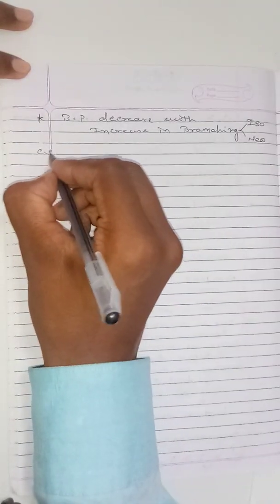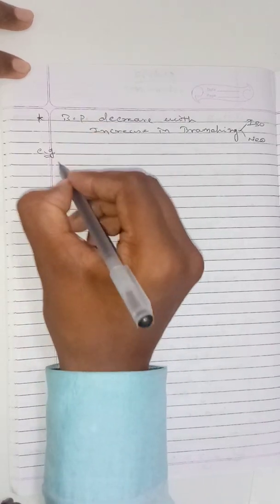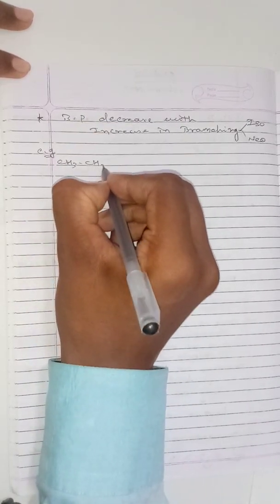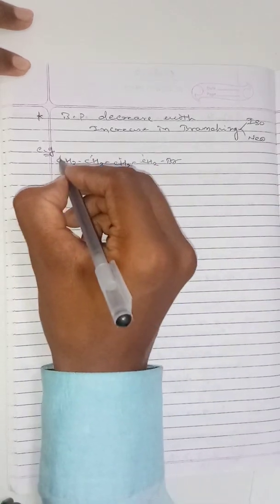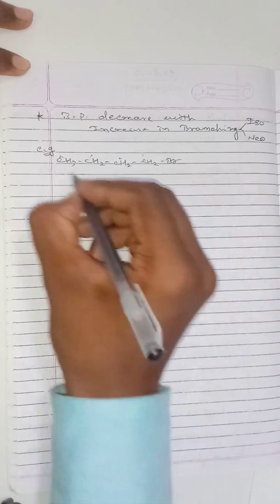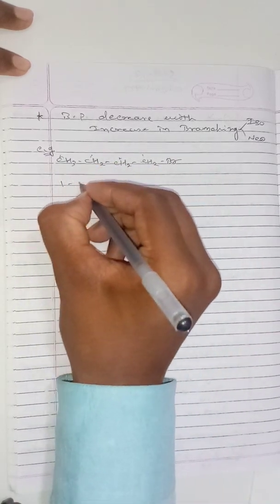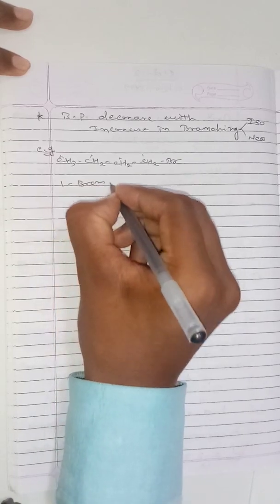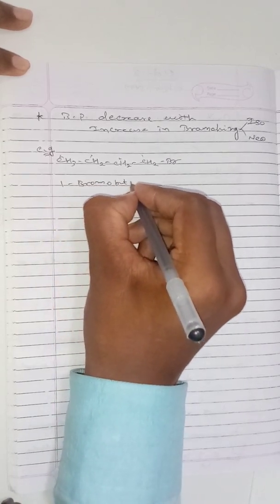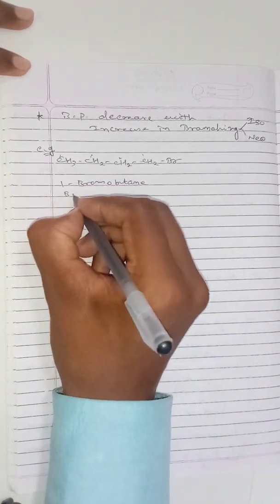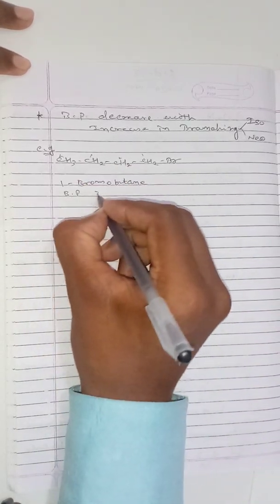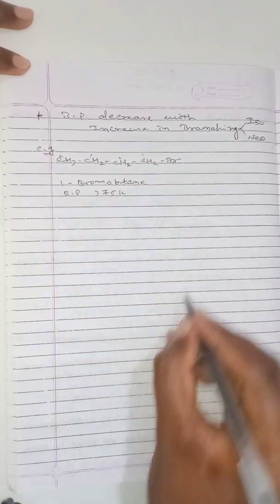Here the examples: CH3 CH2 CH2 CH2 Br. Here there are 4 carbons, and on the first carbon a bromine group is present, so 1-bromobutane, and its boiling point is 375 Kelvin.